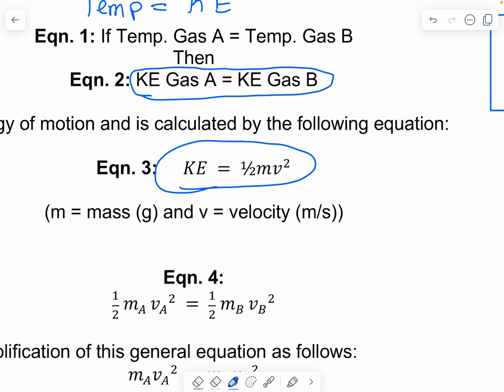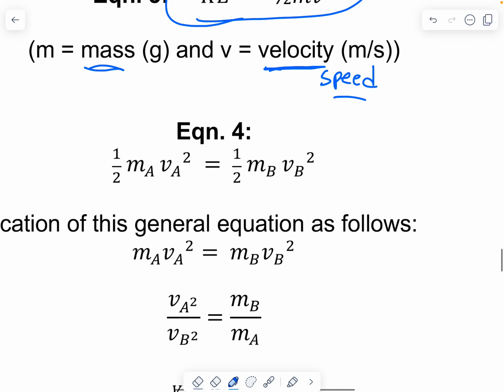Kinetic energy is equal to 1/2 times the mass. M stands for mass, V stands for velocity, which is another word for speed. Okay, so 1/2 mv squared, mass times velocity squared. So we can say gas A is 1/2 mv squared, gas B is 1/2 mv squared, and we can substitute that down here into equation number 4.